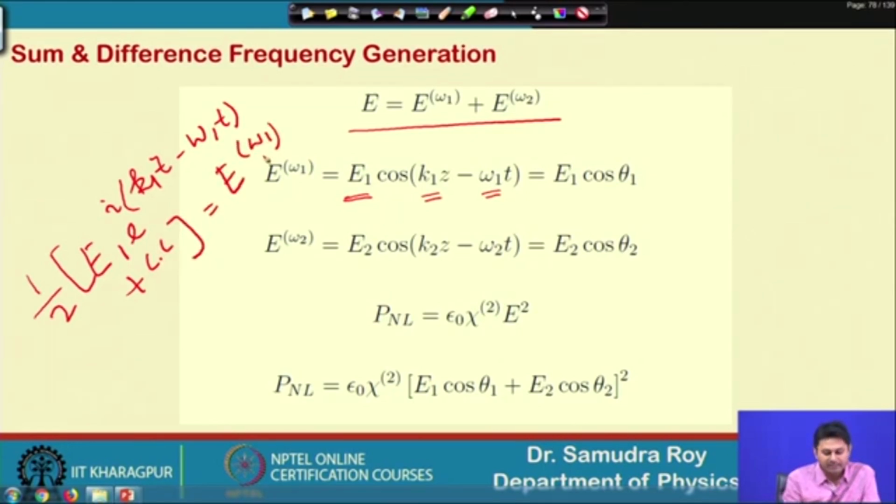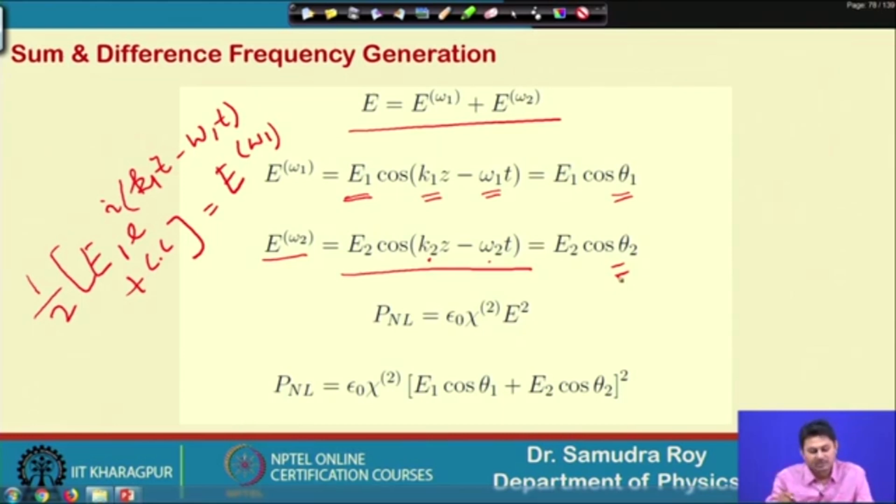In a similar way, I can write E of omega 2, the only change is k 2, omega 2 and E 2. The amplitude is going to change, and the propagation constant and the frequency component are changed. k 1 z minus omega 1 t, k 2 z minus omega 2 t, I just reduce these terms as theta 1 and theta 2, because we are doing some calculation where we need to make a square of that, so this term will always be there.